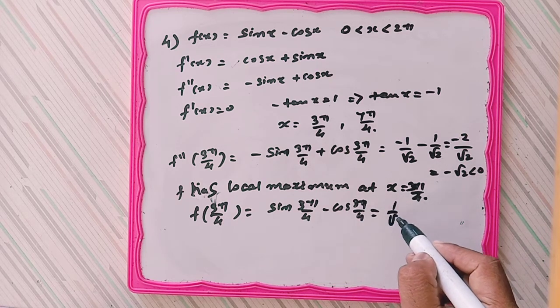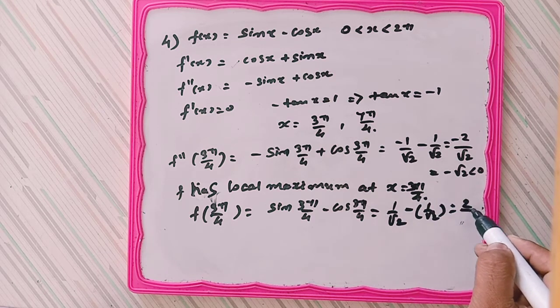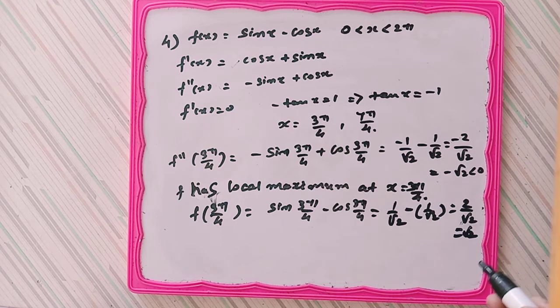So 1 by root 2 minus minus 1 by root 2, so 2 by root 2, which is root 2.